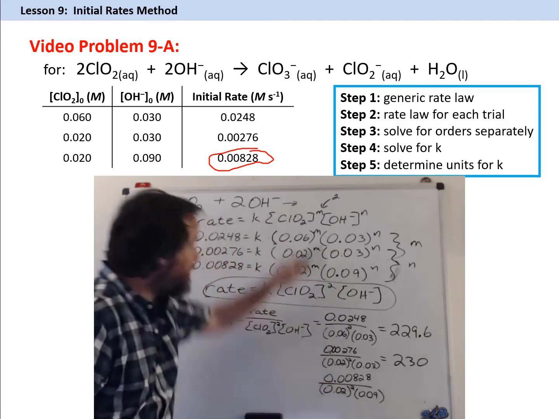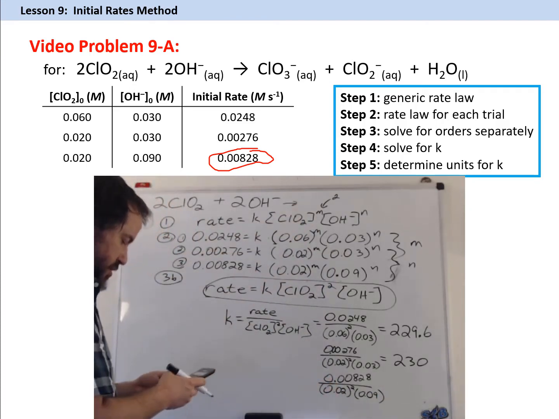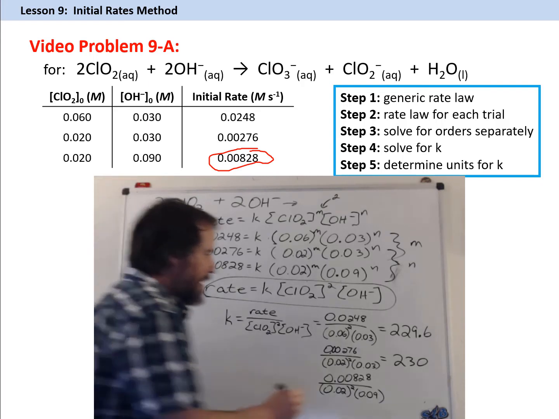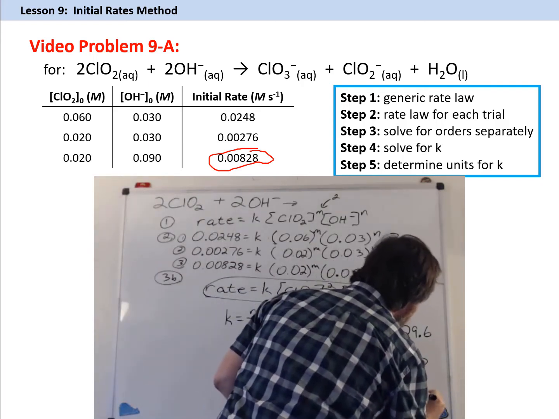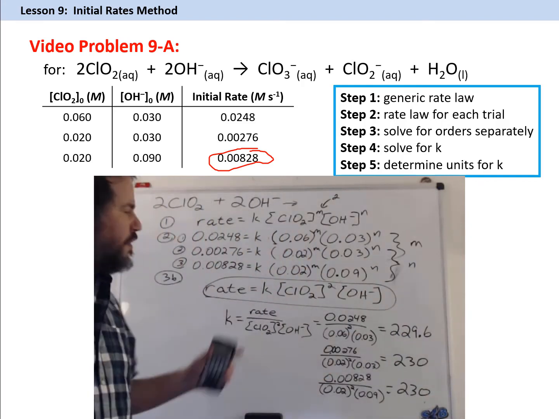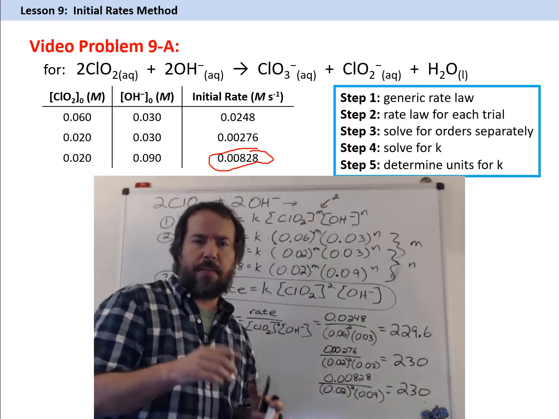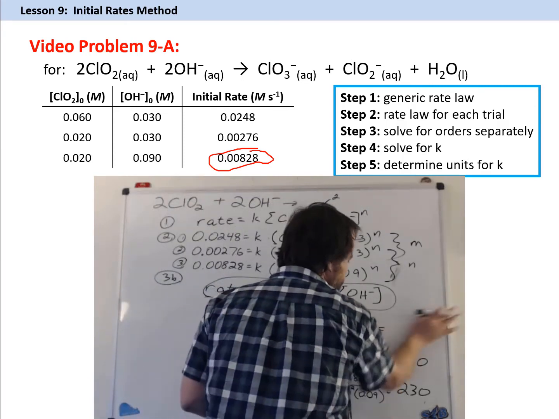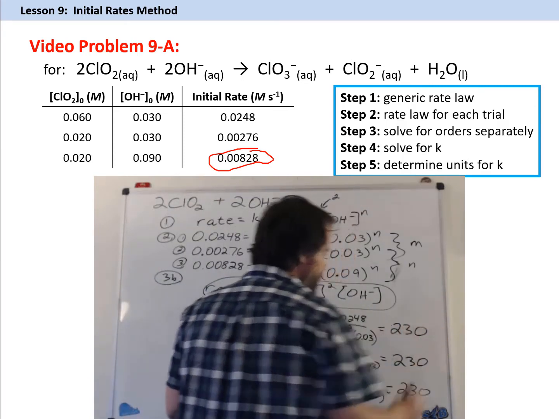Make sure you include that squared because that's important. I get 230. All right, notice this one's a little bit off. By the way, in the problem, as stated on the screen, you can see it has 2 sig figs, so this is actually 230 because that has 2 sig figs.